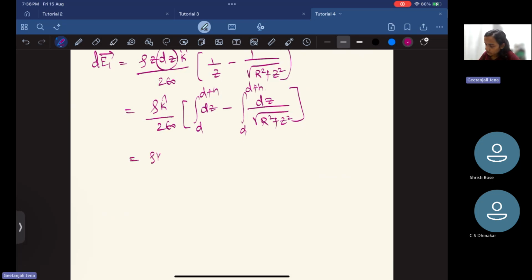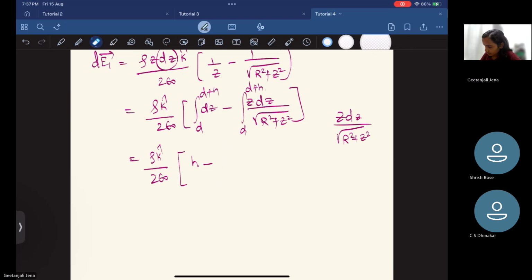So this is rho k cap by epsilon naught times the integration of dz, which will give h minus... sorry, there is a z missing here. So you have z dz by square root of r square plus z square. So this will give t to the power half.